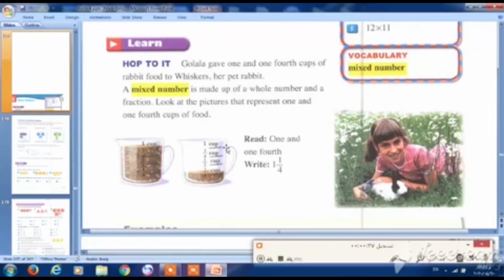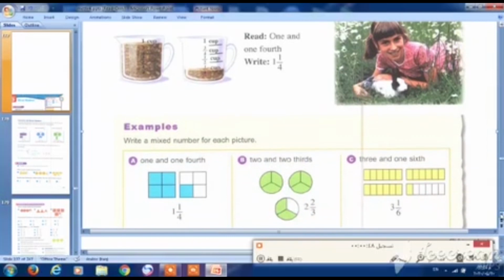Okay, look at this picture. We have two couples. One of them is full, so this full one is a whole. And fraction, let's remind ourselves of the fraction. I'm sure you can remember it because we studied it in the previous lessons and in previous years.